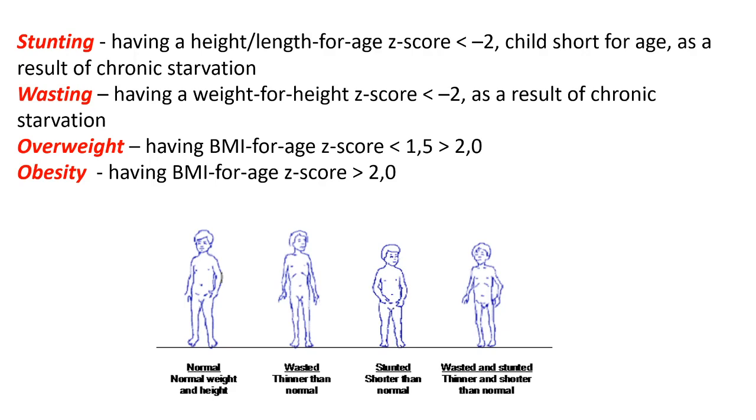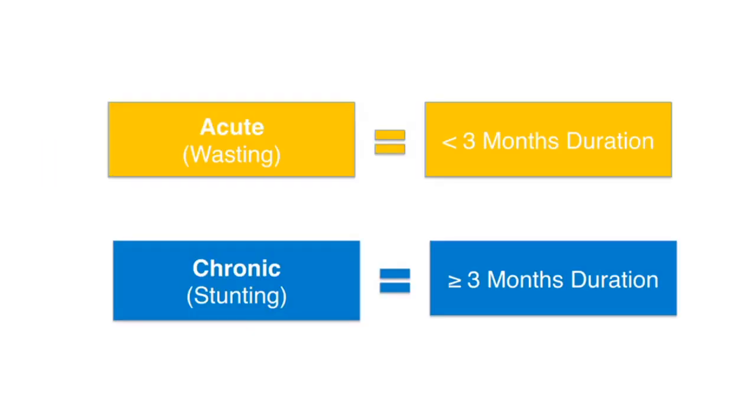Usually wasting may be chronic starvation as with stunting, but acute starvation usually appears with wasting. Overweight means that patients have a z-score BMI for age more than 1.5, and obesity BMI more than 2.